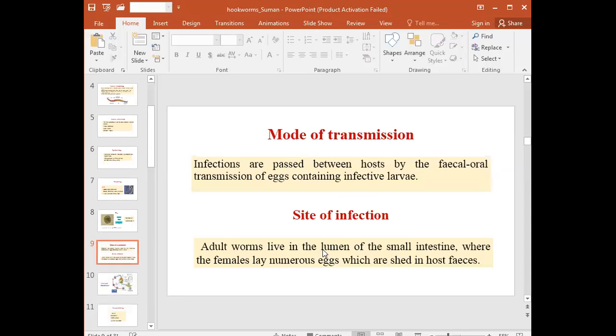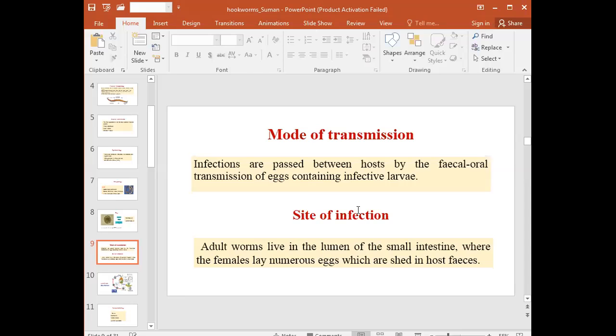So for the mode of transmission, in most cases we have seen that it is of oral-fecal origin. Ascaris lumbricoides most commonly infect the human population, and this is their normal host range, particularly in tropical and subtropical countries with high rainfall, as well as temperate regions with warm summers.